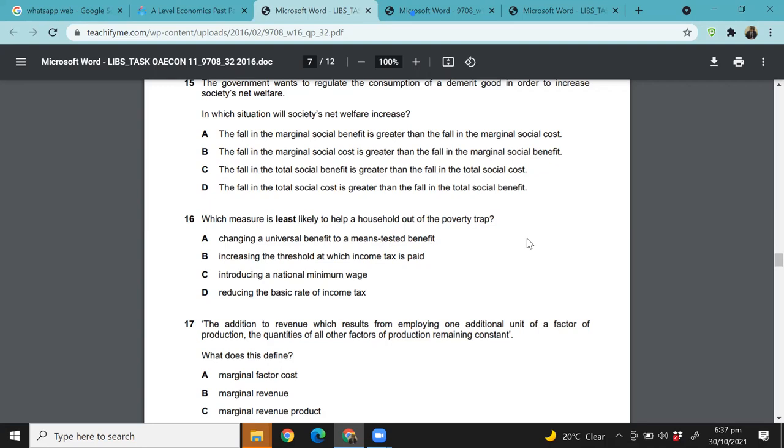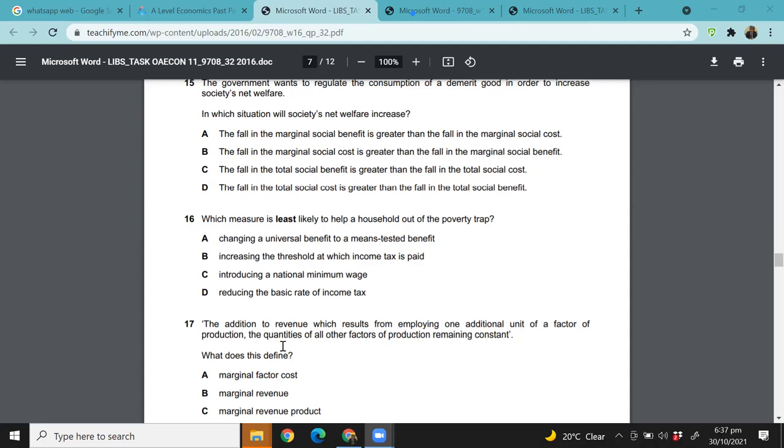So what is universal benefit? Universal benefit is something that helps everyone. So if you change that universal benefit to a means tested benefit, that will help the poor, but perhaps not that very much, right? Because they were previously getting the benefit anyways.